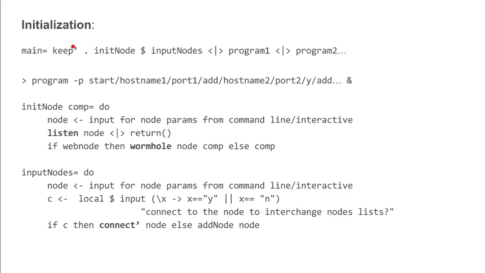We have keep prime, which is keep without console input, but anyway it can get the command line input, and the command line input is in this case read by init node and input nodes.